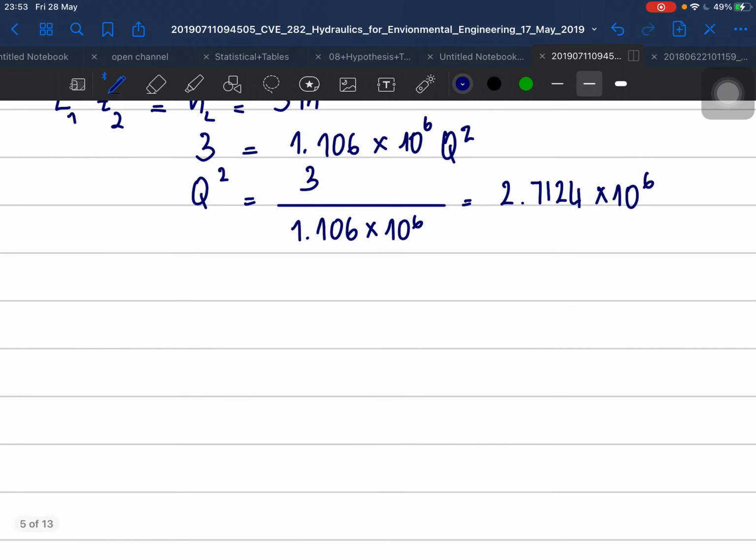And then we take the square root for this one. Where's the square root? Okay. I got 1646.96. Oh, it's 1646.96. What a great number. Meter cube per second. Now the values are the same as in the answer sheet.